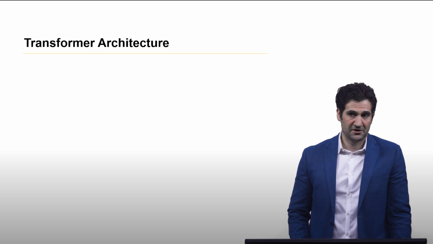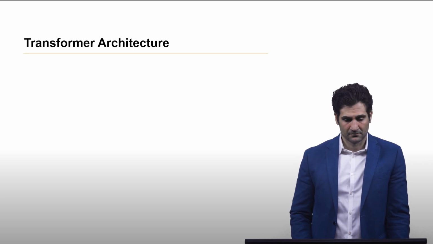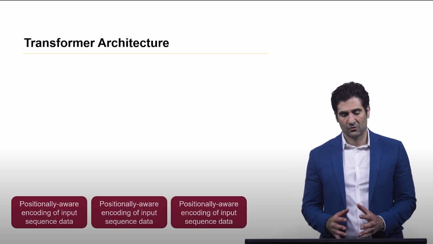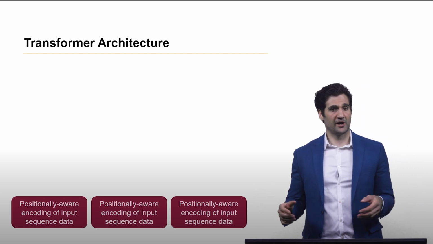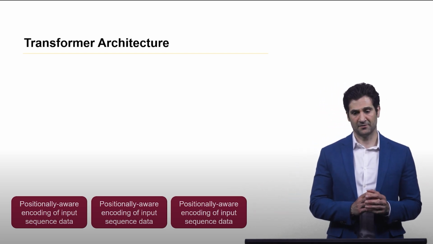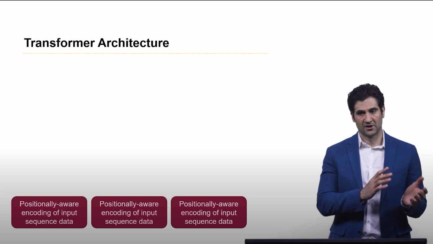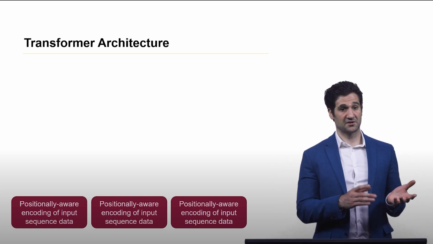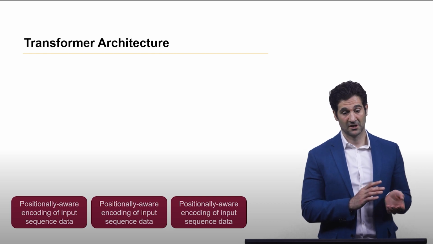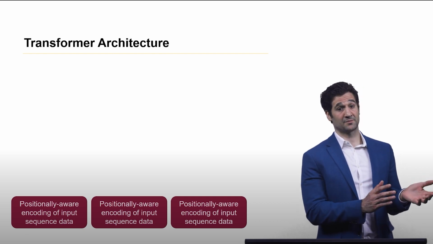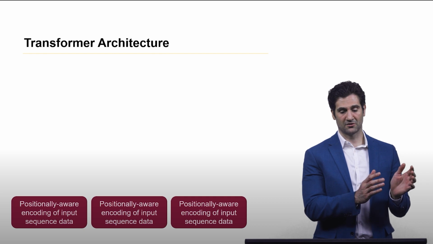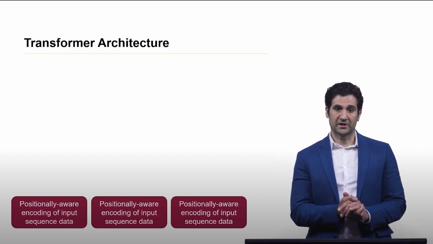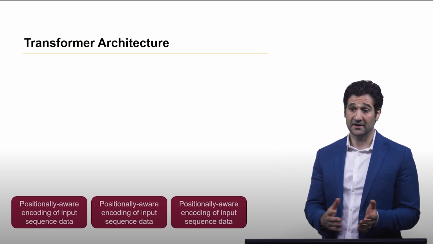And now let's just dive right into the architecture. So, okay. We have this positionally aware encoding of the sequence data. And so we have all of these vectors for everything in the sequence, and each vector is a concatenation of the input and its position in a single embedding. We take that and we repeat it 3 times.